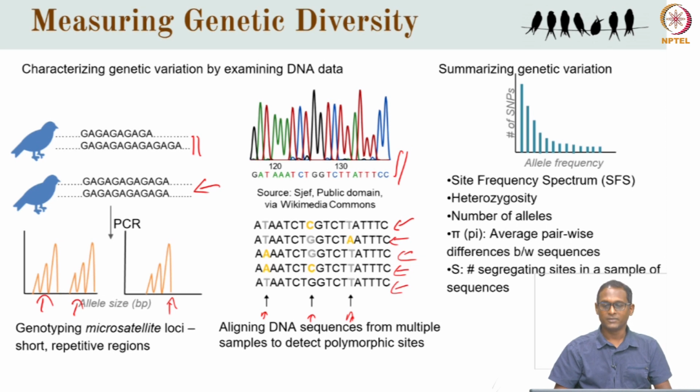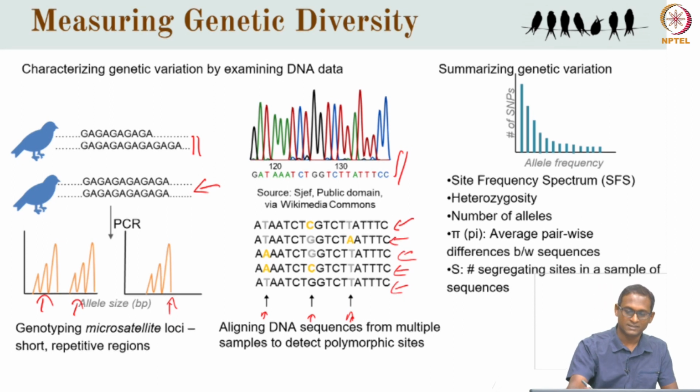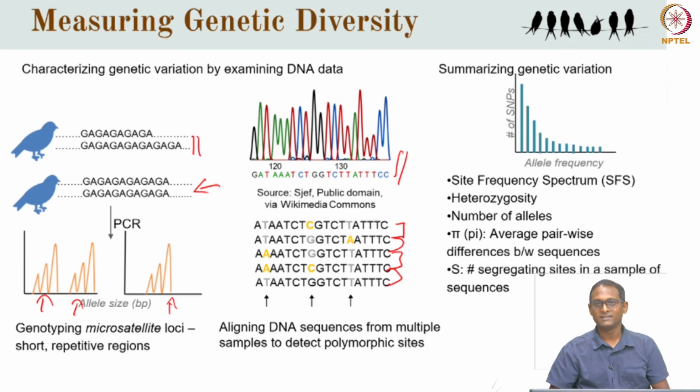It gives you an idea of heterozygosity, the number of alleles. You can also look at average pairwise distances. The pairwise distances are nothing but the number of differences across each of these pairs, which you then average out. That is the average pairwise distance.